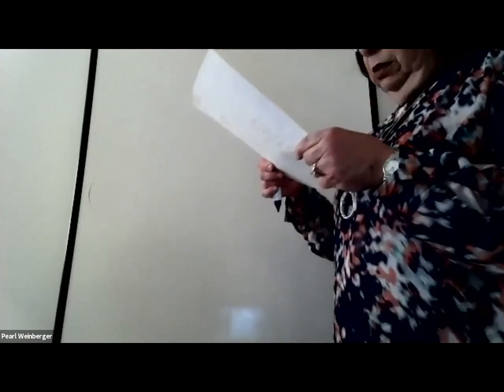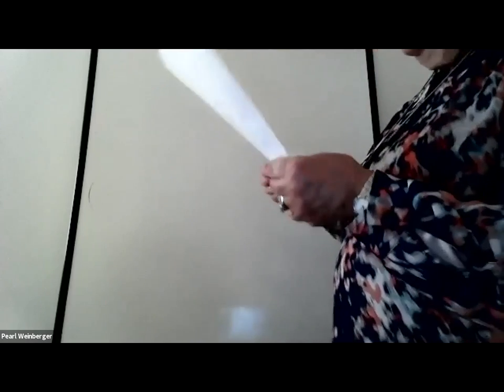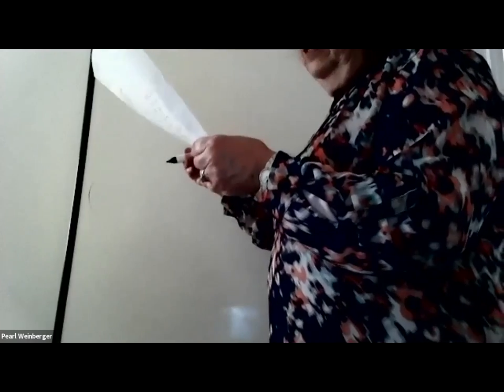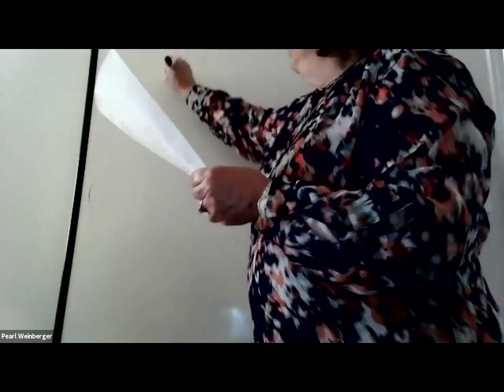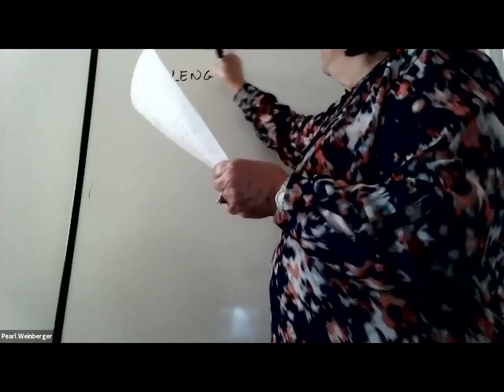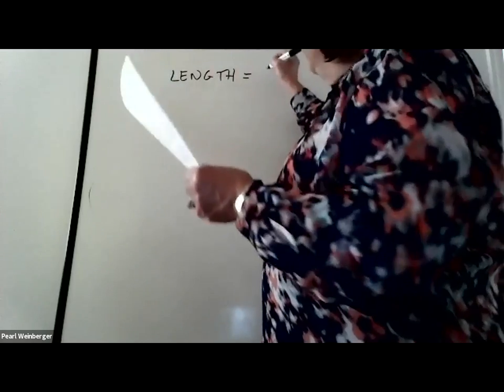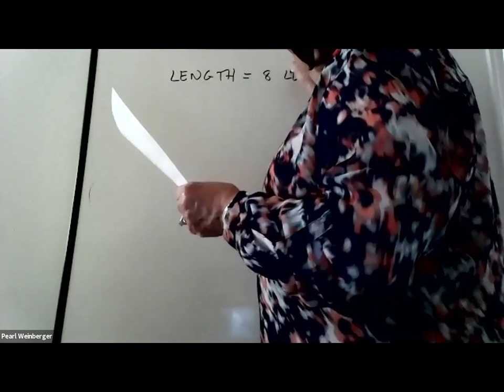Okay, so let's look at number 19 on the sheet. On the sheet, it's told the length of a rectangular poster is 8 inches less than the width.